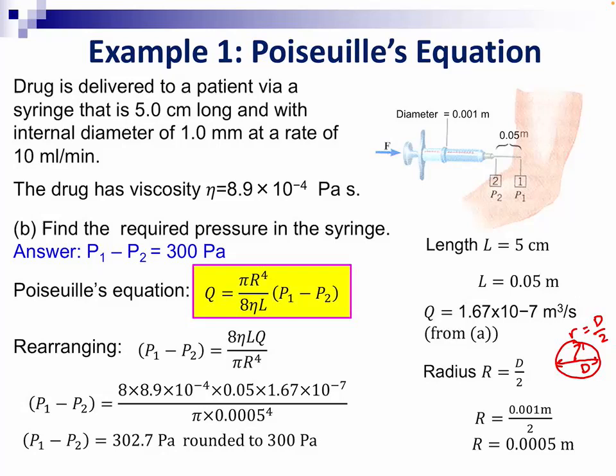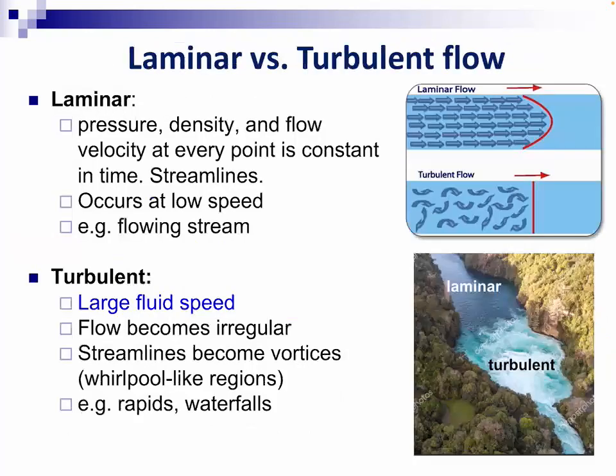All right, so we know viscous fluids will need the pressure difference in order for them to flow. And there are two kinds of flows. We can classify them as either laminar or turbulent. The main difference between laminar and turbulent is the speed at which the fluid is flowing.